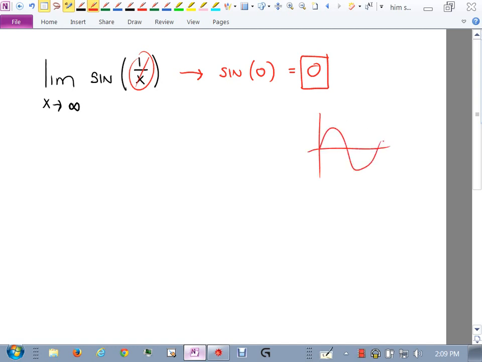Here's sine. That's what it looks like. What's happening at 0? It's 0. What would this be? Limit as x goes to infinity of cosine of 1 over x squared. 1. Because that's going to cosine 0, which is 1.